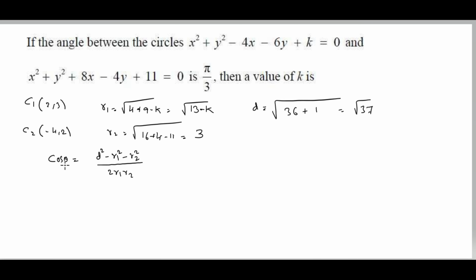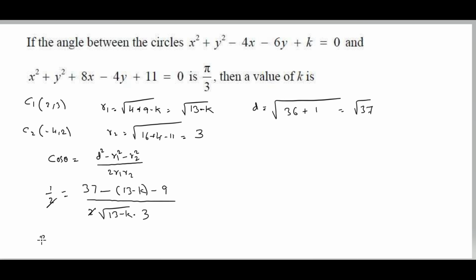Substituting the values, cos theta, that is cos 60, that is 1 by 2, is equal to d square 37 minus r1 square, that is 13 minus k, minus r2 square 9, by 2 r1 r2, that is 2 into root of 13 minus k into 3. Here the 2 cancels.